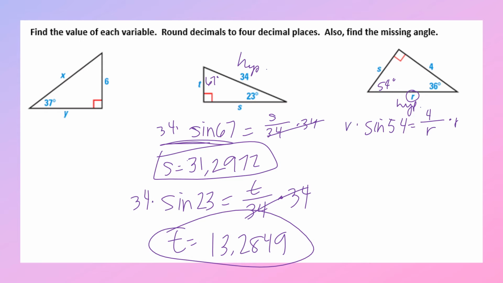We need to multiply both sides by R, so we get R times sine of 54 equals 4, and then divide both sides by sine of 54. And then you get R equals 4.9443.